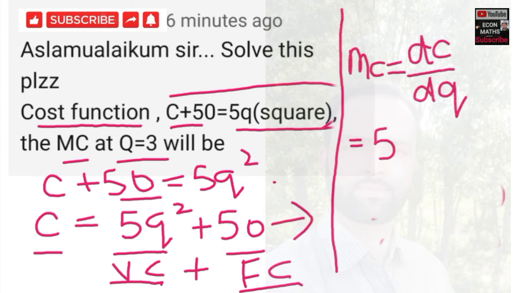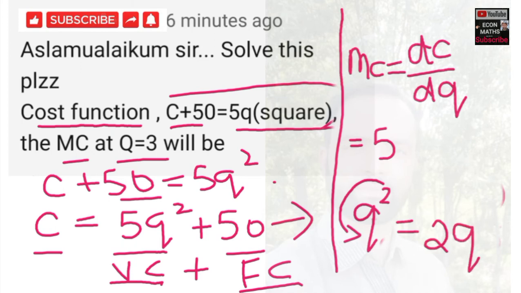If we have q square, its derivative is simply that we take the exponent and make it the coefficient, that is this 2 becomes the coefficient. We have q, and the exponent is subtracted by 1, that is 2 minus 1, which is 1. So 2q to the power 1 is equal to 2q. This is the simple power function rule from differentiation. That means the derivative of q square is equal to 2q.